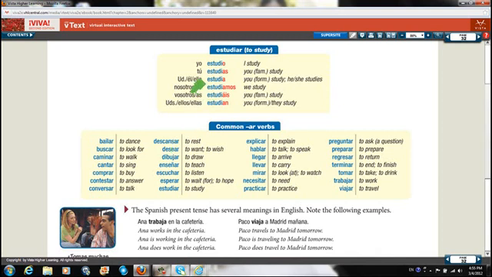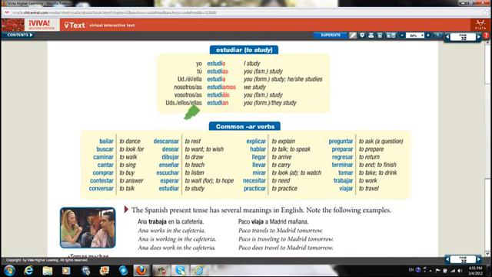How about she rests at night? Can you guess what it's going to be? Ella is the ending. Descansa, now at night. Por la noche, muy bien. Ella descansa por la noche.